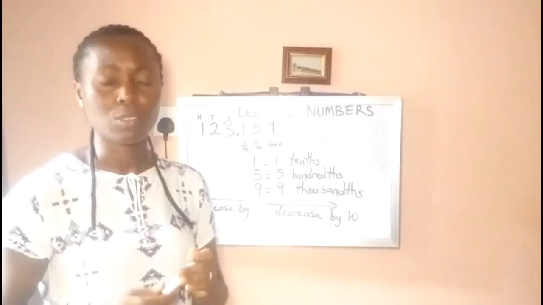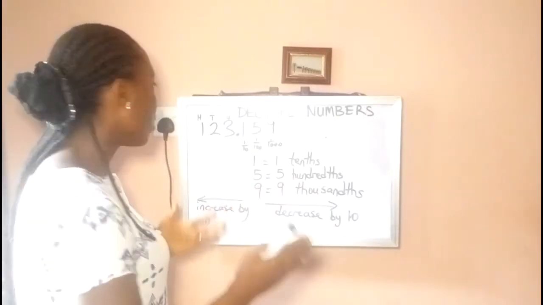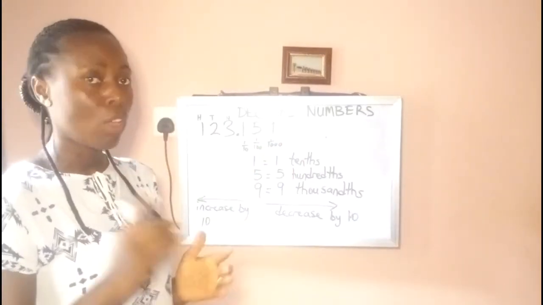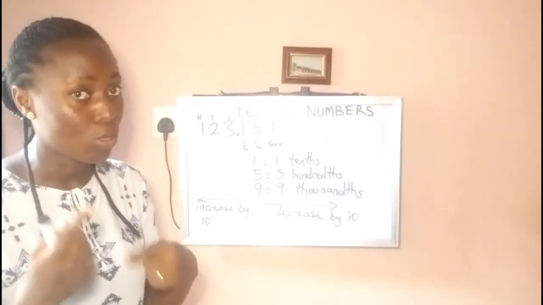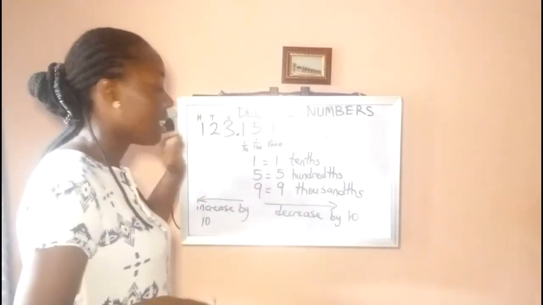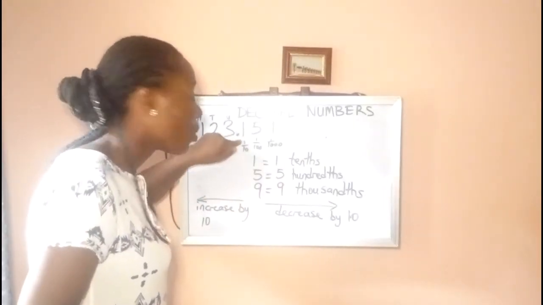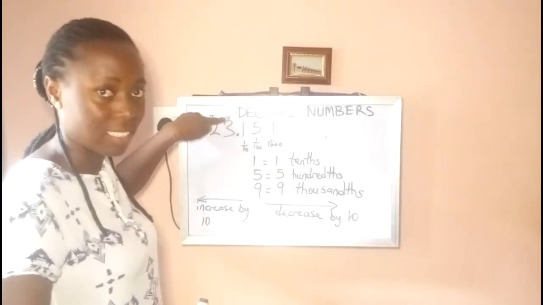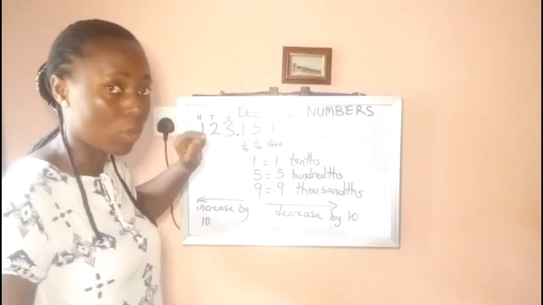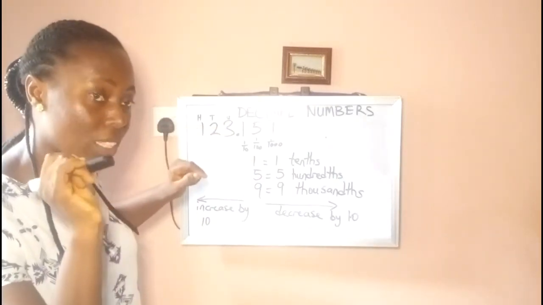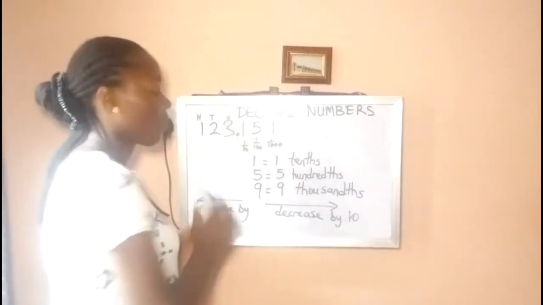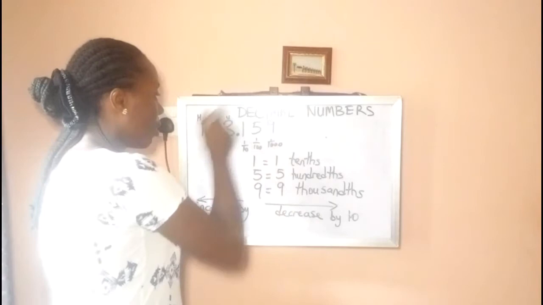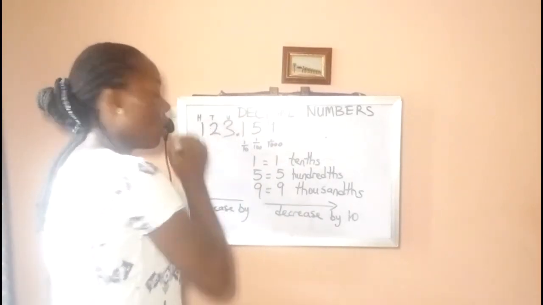Now, someone asked a question. What are the place values of each of the digits in this decimal number? You follow that simple method I have taught you earlier. Now, what did I say? For numbers before the decimal point, the number immediately before the decimal point, you use that simple unit sign. That's how we did it here. The next one is tens. We wrote it here. The next is hundreds.